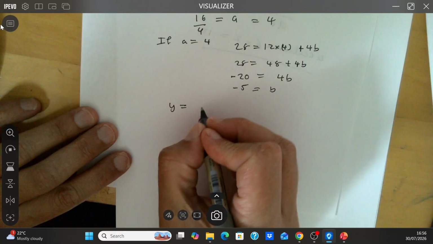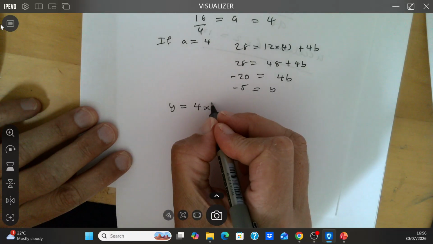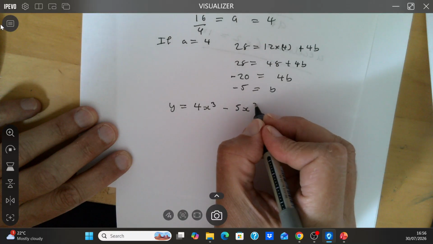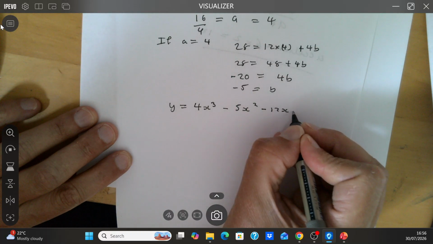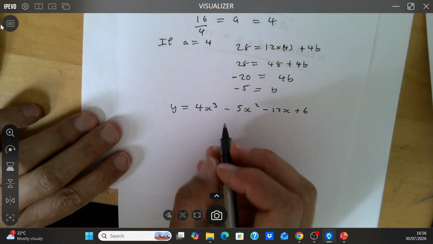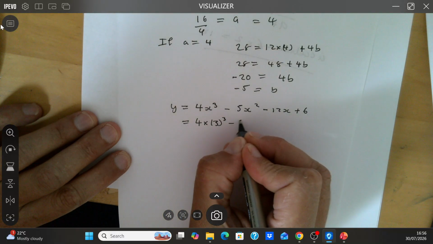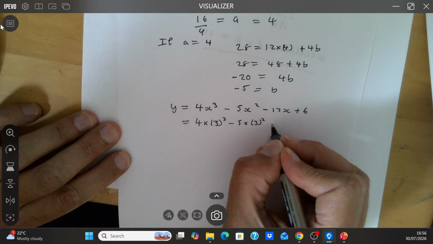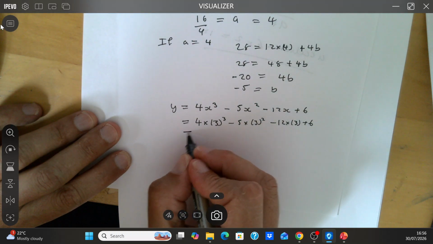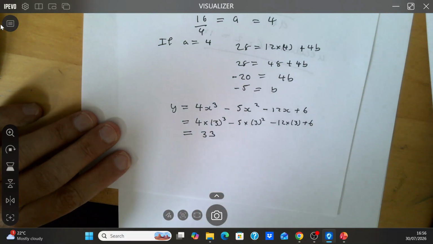So y equals 4x cubed, take 5x squared, take 12x plus 6. We are told in the question that x is 3, and we're trying to work out y. Put those numbers in a calculator, and the answer is 33.